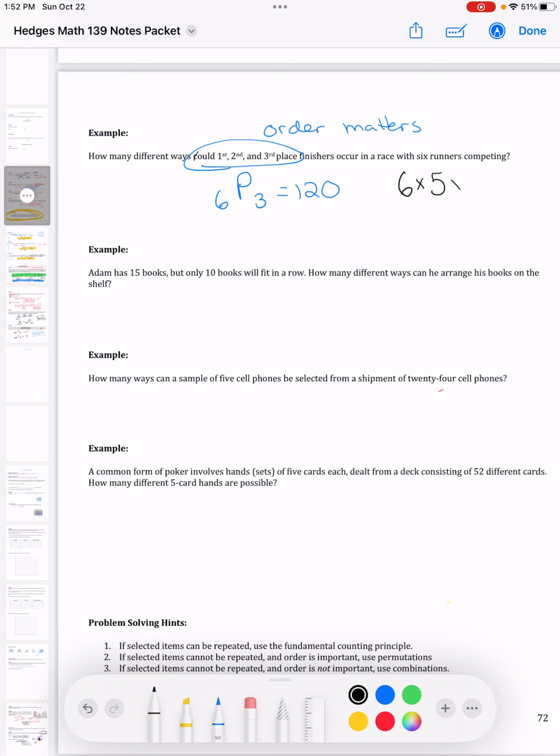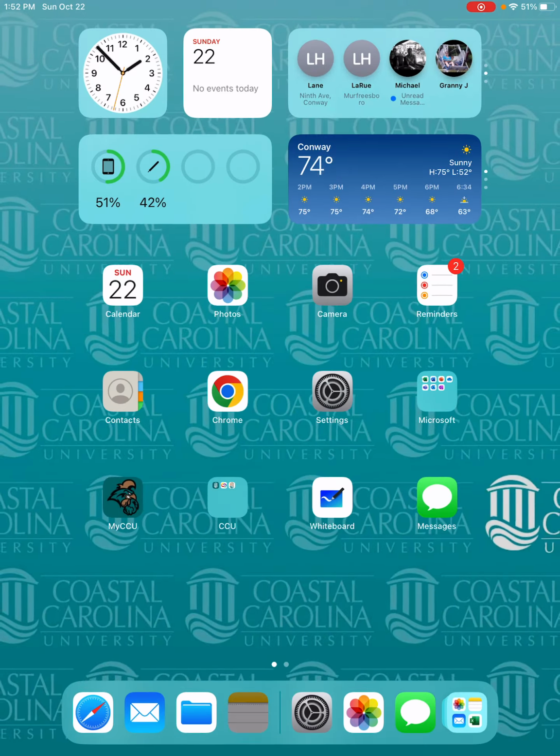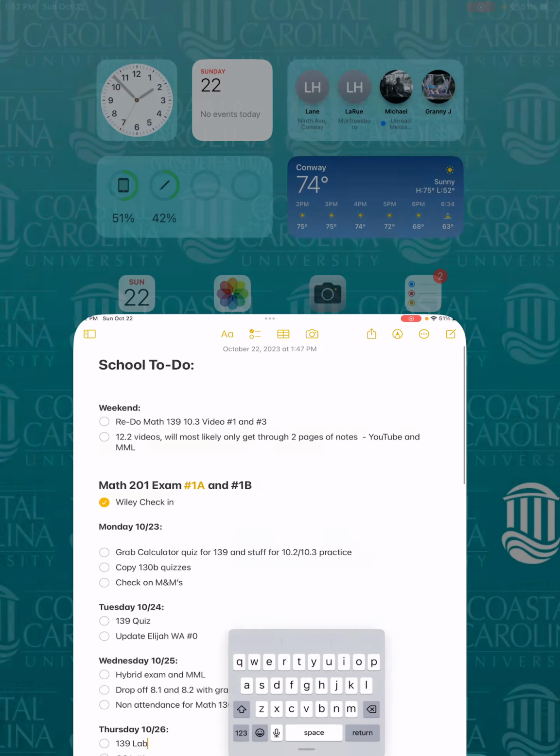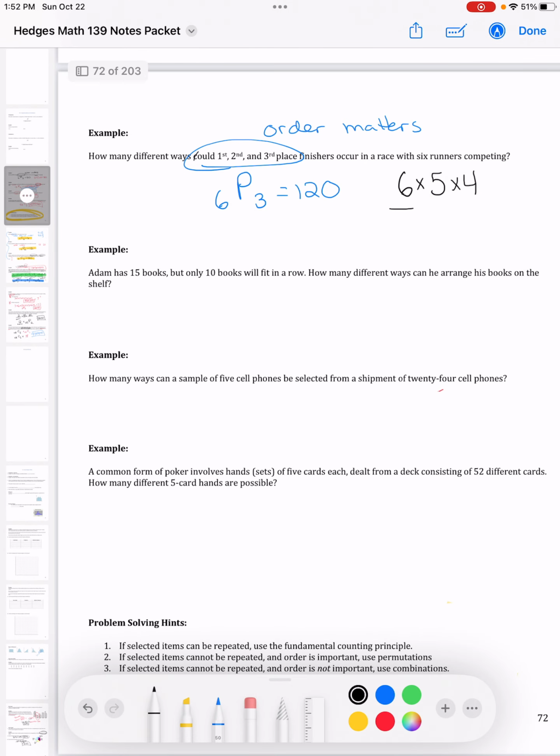And then there are only 4 runners left. And that's first, second, and third place. So that's all 3 places. I don't actually see that number written, but I see those 3 numbers there. I think my pencil stopped working, so let me come up here. And there we go. So I can type either one of these in and get 120 for my answer.